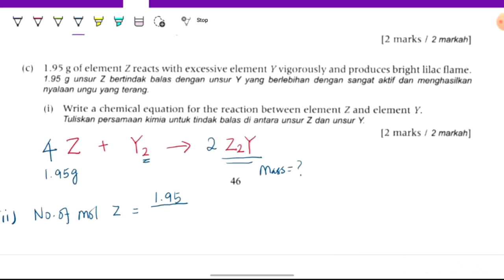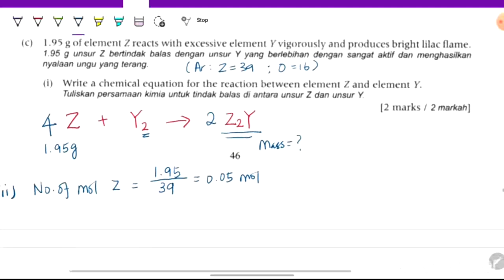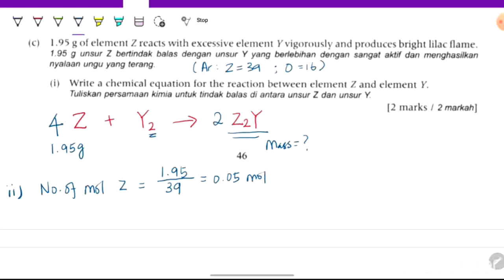After you check, the molar mass Ar for Z is 39. Oxygen, which you will need later, is 16. Use your calculator and you'll get 0.05 mole.